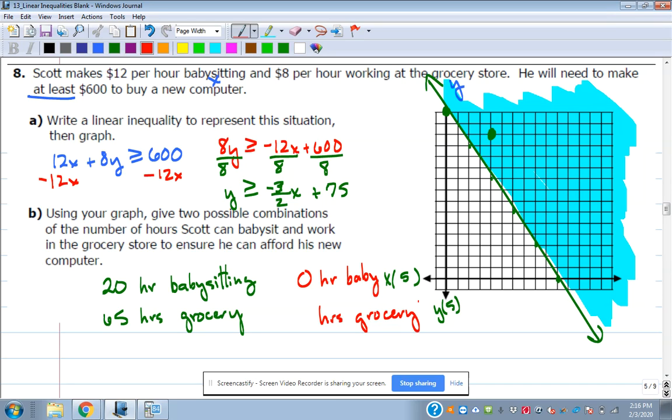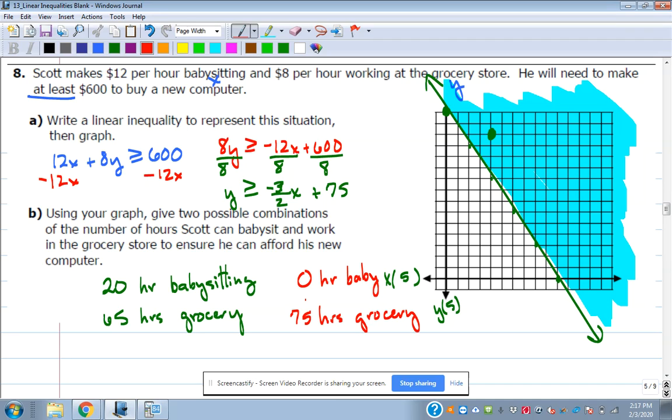Remember, x-axis is babysitting, so 0 on it is here. Where's the y value that goes with that? What's that number? 75 or anything bigger than that. So if I didn't work at the babysitting at all, I'd have to do at least 75 hours working at the grocery store. That's a lot of hours.